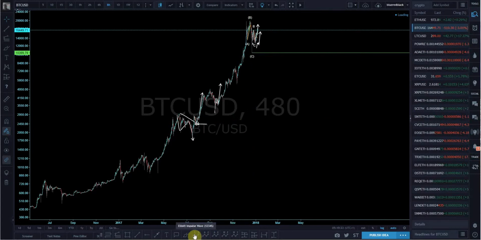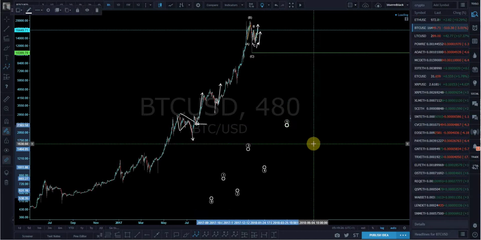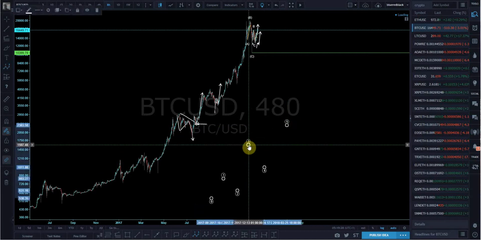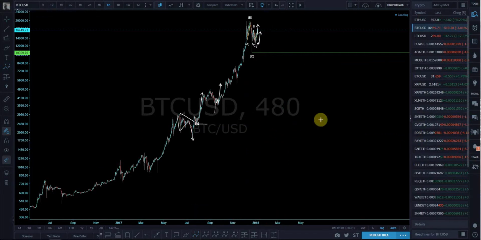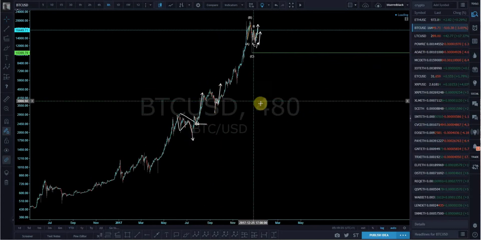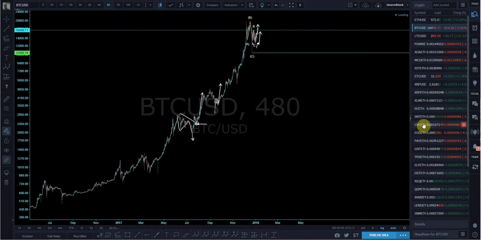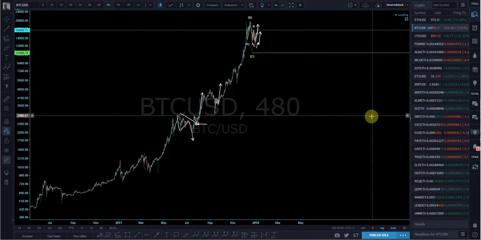If you ever looked into wave theory before, you'll notice that people like to put 1, 2, 3, 4, 5, ABC all over the place, but that's not important, especially when you're in a bull market like this, because every time you see a corrective pattern, just know that eventually it's going to end in an impulse, and you'll get more moves up.